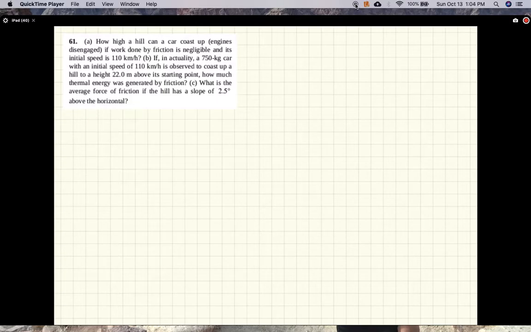Alright, so part A, let's draw a hill, and here is the car initially, and here's the final position.